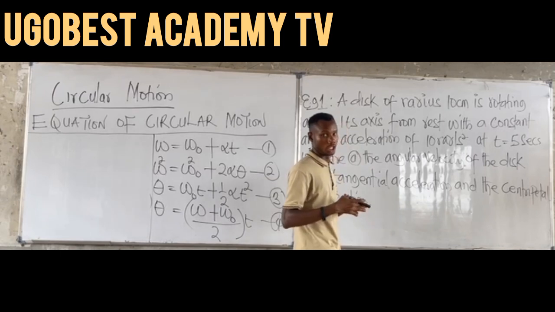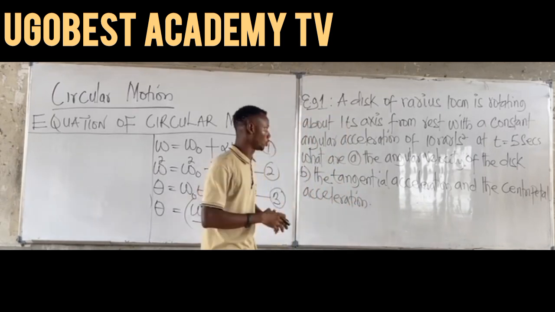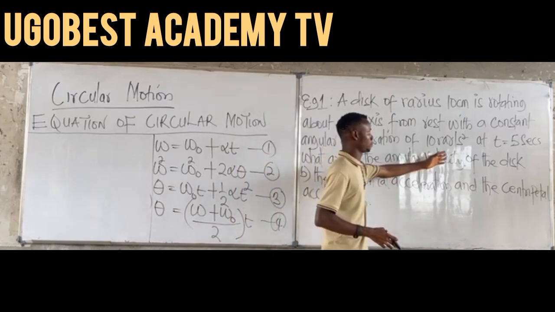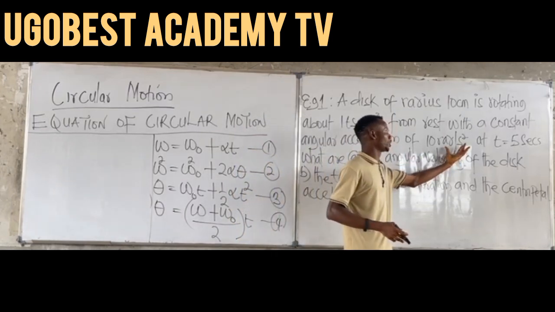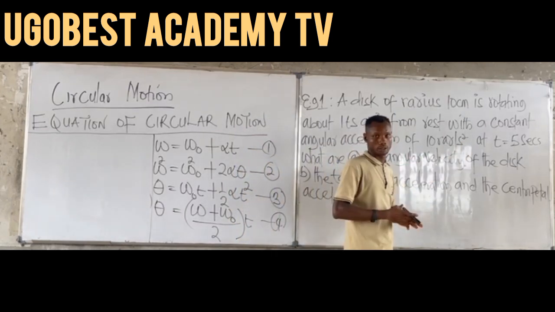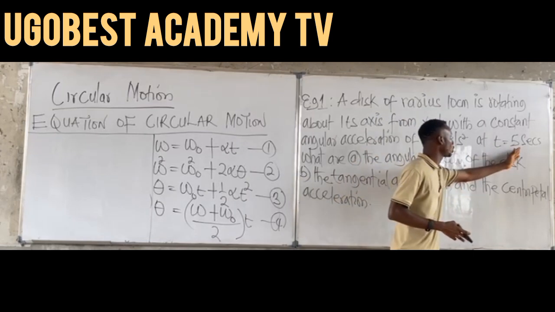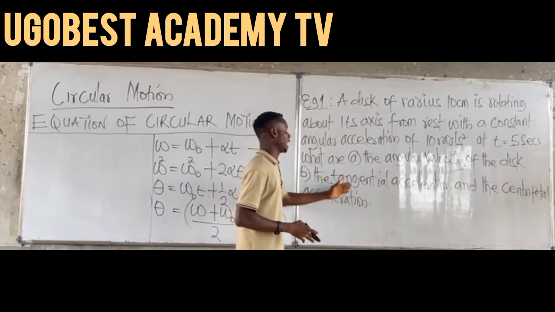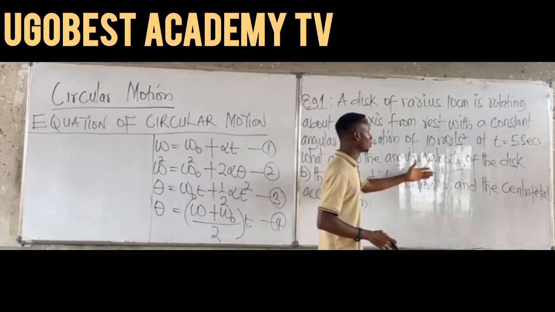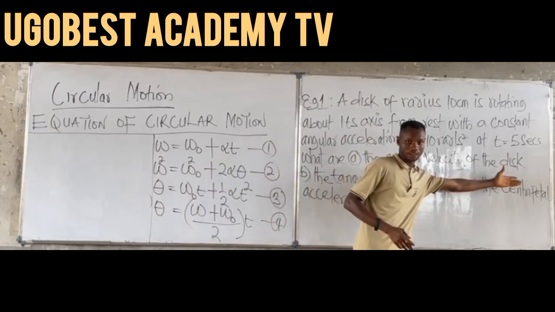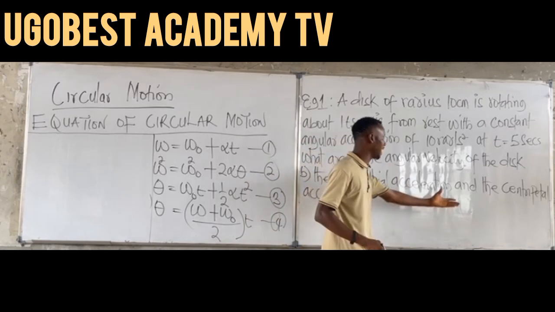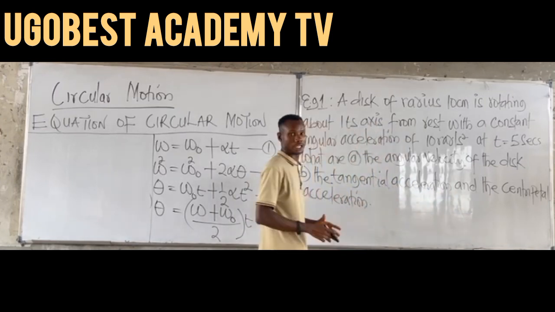We all know the symbol for angular acceleration, that is alpha, 10 rad per second squared. The unit for it is rad per second squared. At t equal to 5 seconds, the t there is time. What are A, the angular velocity of the disk, B, the tangential acceleration and centripetal acceleration.